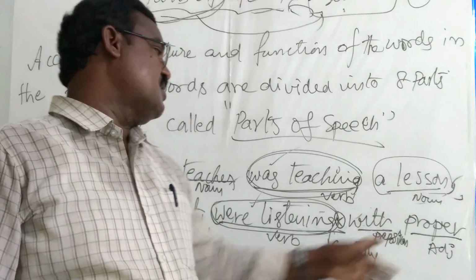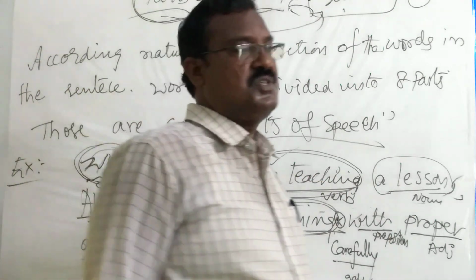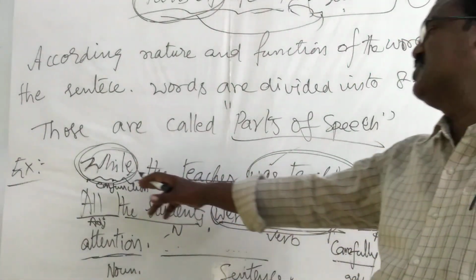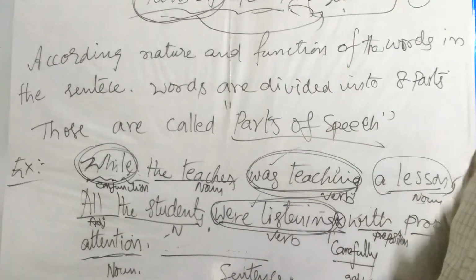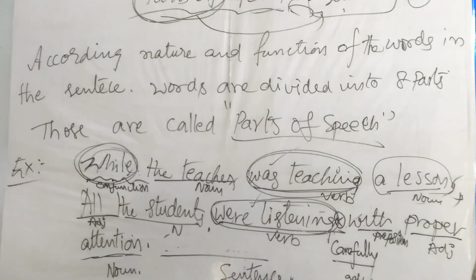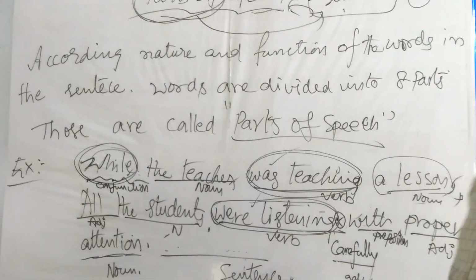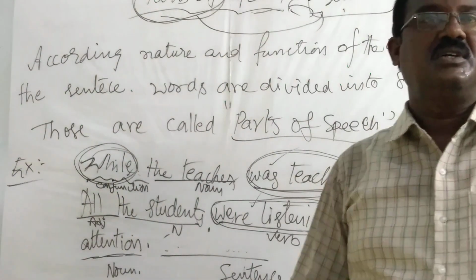While before, you need not keep a comma. But if you start the sentence with a conjunction, here a comma we have to keep. So, different words did different work to give the complete sense. Now, one by one, we are going to discuss.